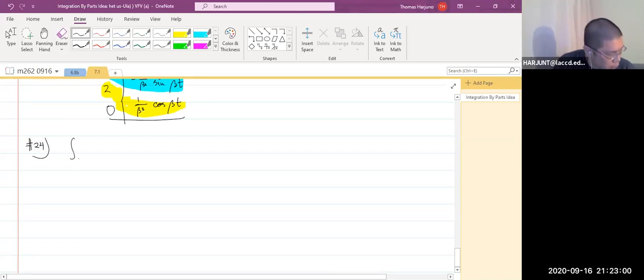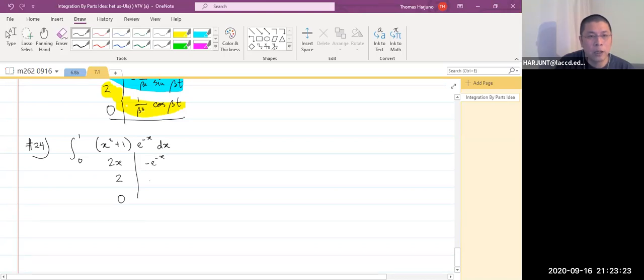Number 24, integral from 0 to 1 of (x squared plus 1) e to the negative x dx. We have a polynomial and an exponent. The polynomial is the one I take the derivative of. Exponent: negative e to the negative x, e to the negative x, negative e to the negative x.